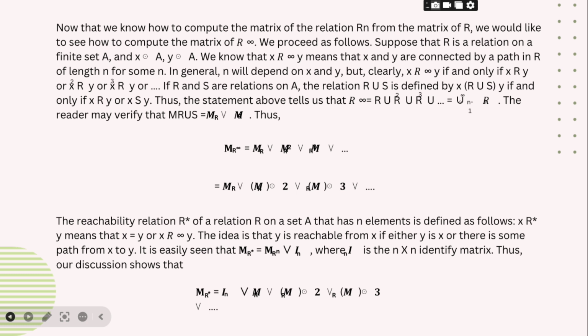This means we start with the identity matrix I sub n, which accounts for self-loops, then add the matrix M, then the square of the matrix and the cube of the matrix, and so on, using the logical OR to accumulate all reachable nodes. Then by computing M star, we can determine whether an element X can reach another element Y in any number of steps. This is critical in applications like shortest paths, transitive closure, and database queries.